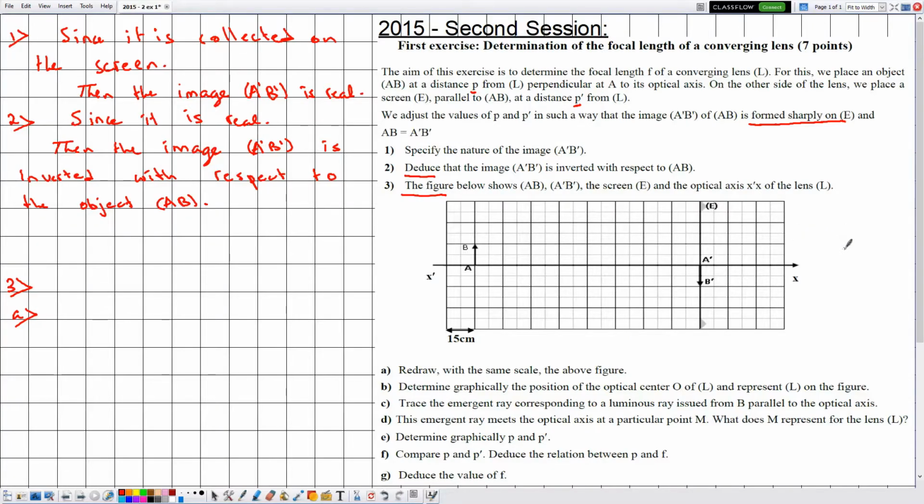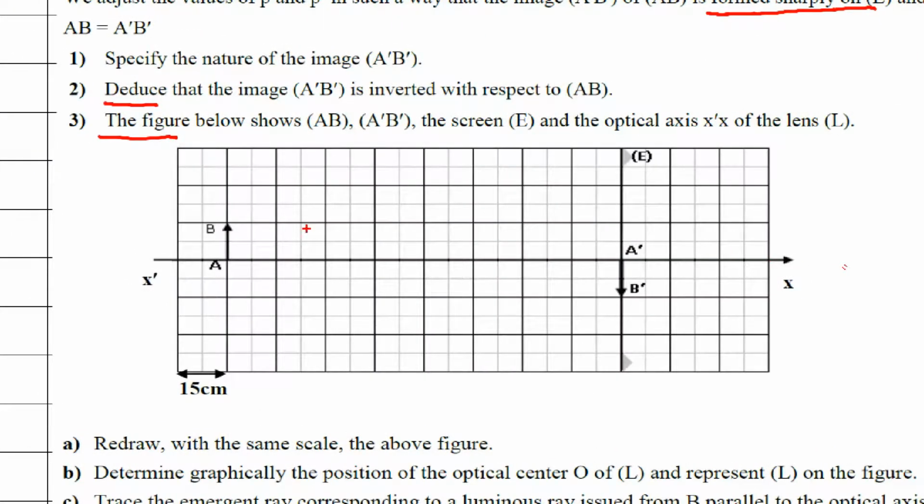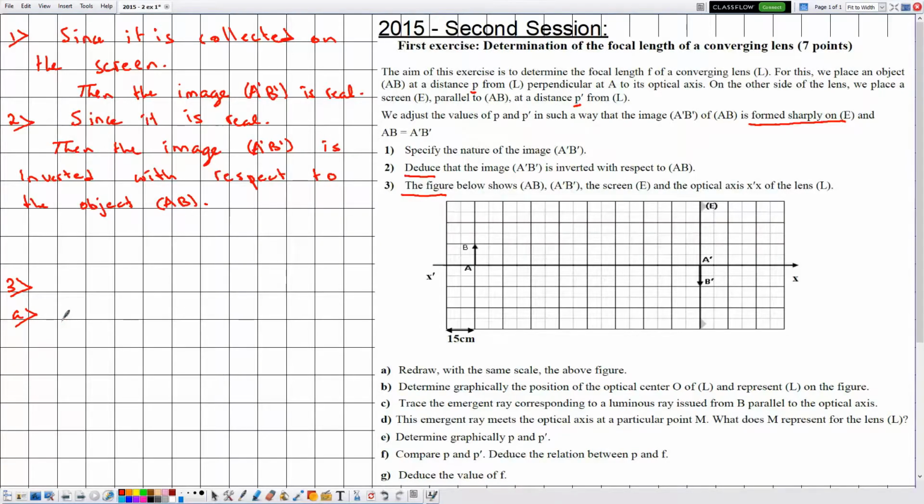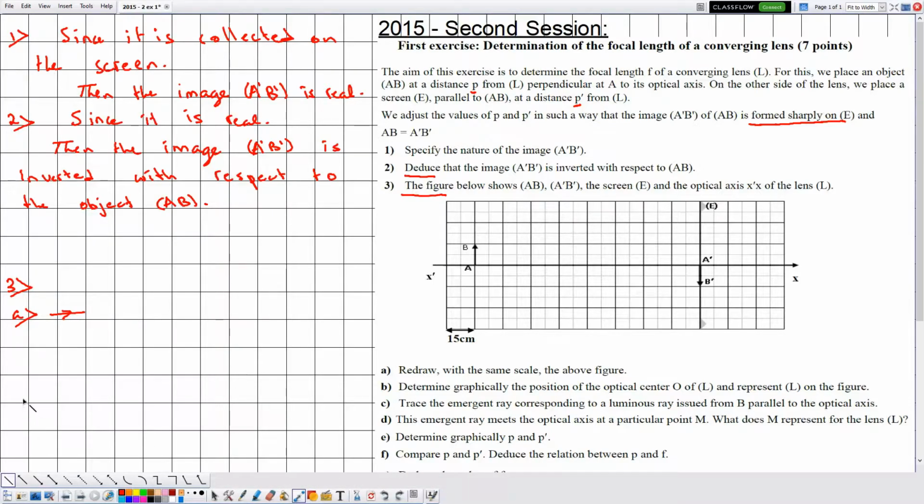Okay, so notice that here the direction of propagation of light is not indicated, but from the positive direction of the x-axis we can know that the direction of propagation of light is from left to right. So this is the direction of propagation of light, and whenever we need to redraw we always start by drawing the optical axis at the middle.